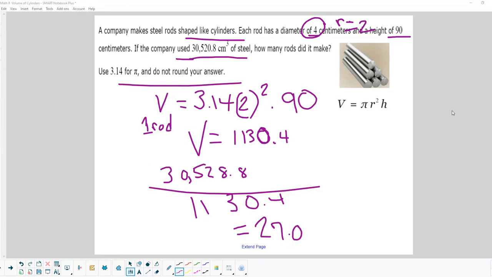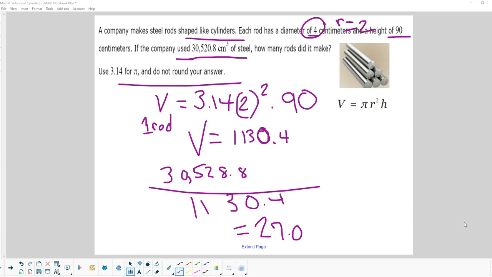So maybe we should check that number one more time. So 3.14 times the radius squared times the height of 90. So I'm going to do the volume of one cylinder one more time and make sure that we've got it right. So 3.14 times 2 times 2, which is 2 squared, times 90, 1130.4.